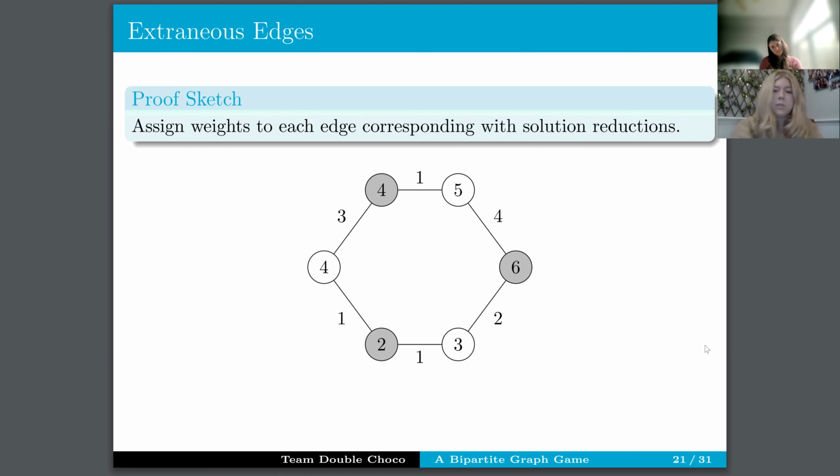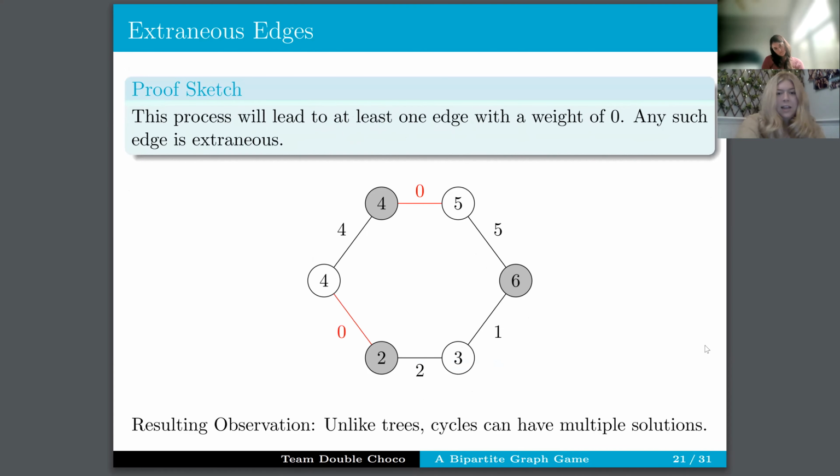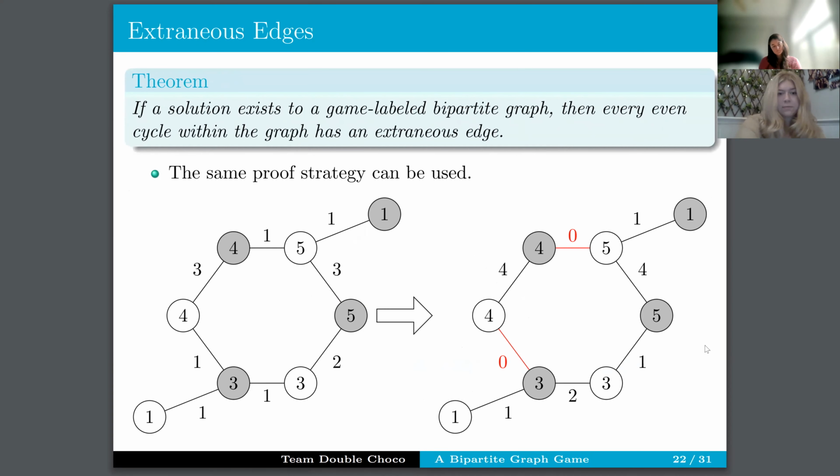You do this with the smallest value. So in this case, it's 1, but in any other case, it could be 2, 3, whatever works. So you end up with this, and any weights that are left with 0 are extraneous. And you can follow the same process in a bipartite graph.